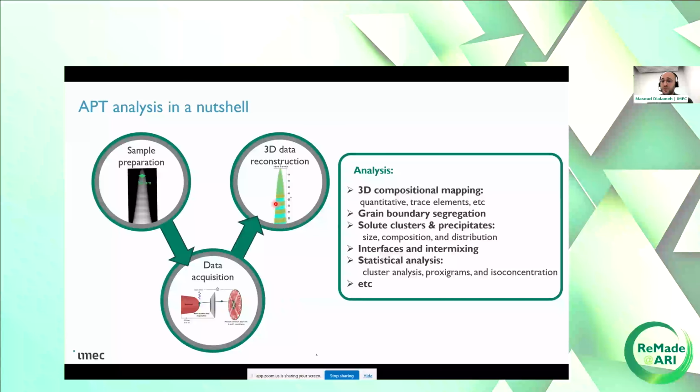For example, 3D compositional mapping, quantitative analysis, trace elements, grain boundary segregation, solute cluster precipitates. One can determine size, composition, distribution, interface and intermixing, statistical analysis, cluster analysis, nearest neighbor analysis. There is quite a lot to be done, and even some chemical analyses are now feasible with atom probe tomography.